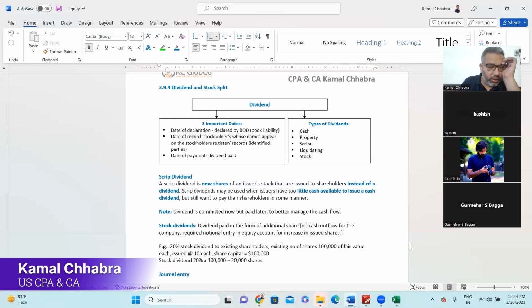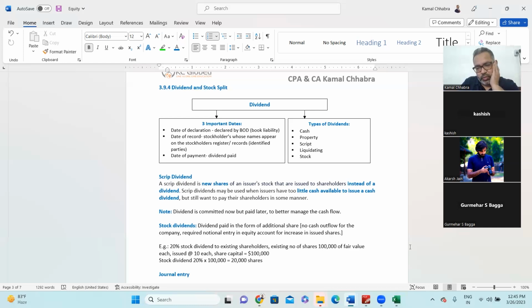So to whom actually do you need to pay the dividend? Isn't it very difficult to identify the people to whom you need to pay the dividend? So if the dividend is declared on 31st December 2022, all the shareholders who hold the shares of the respective company at the end of 31st December 2022 will get the dividend, right?